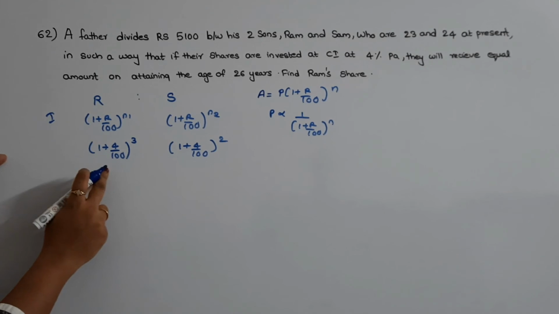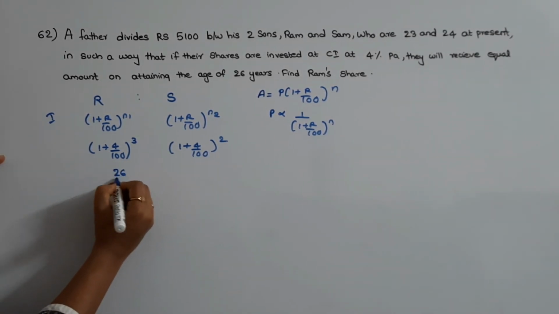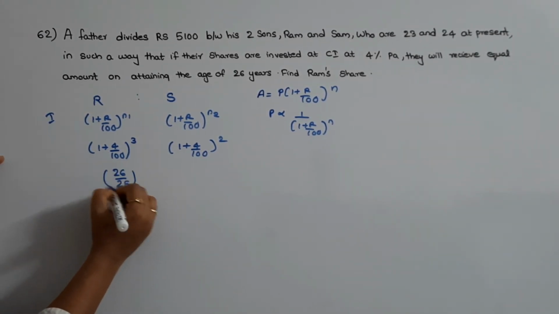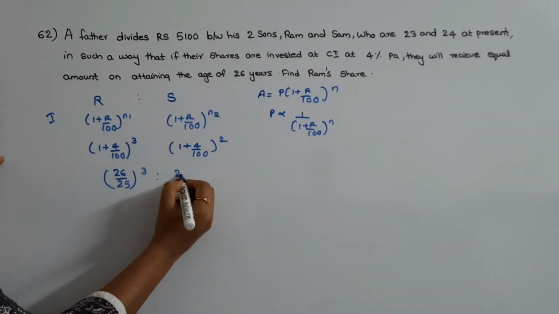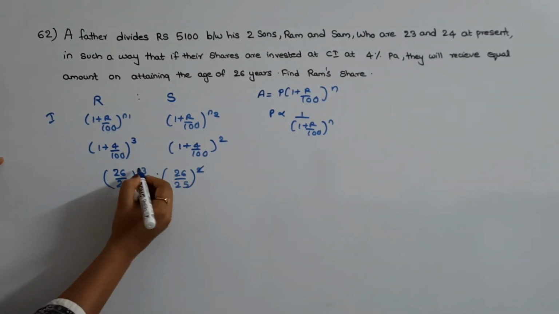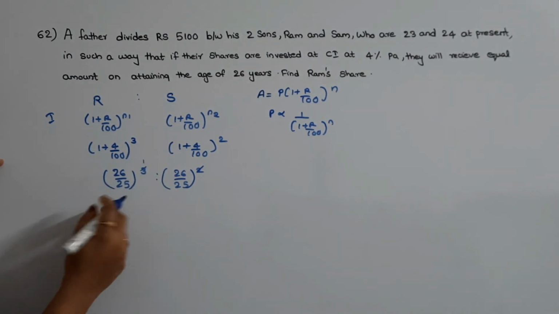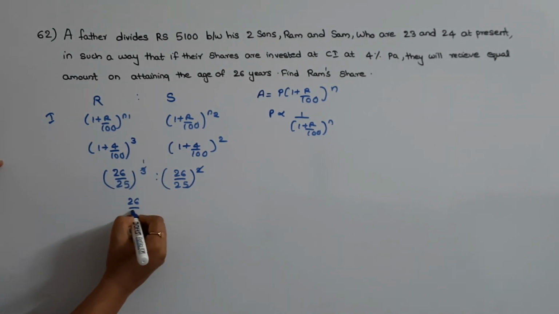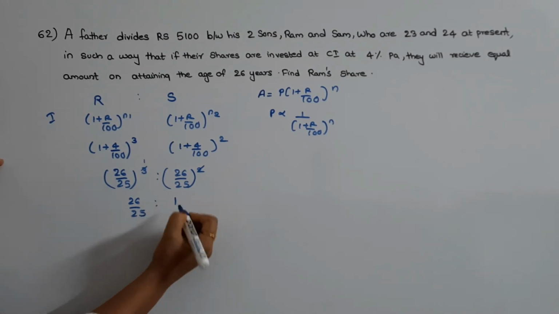Now, on solving this, you will get 26 by 25 whole cube is to 26 by 25 whole square. Now, the powers get cancelled and you will get 26 by 25 is to 1.